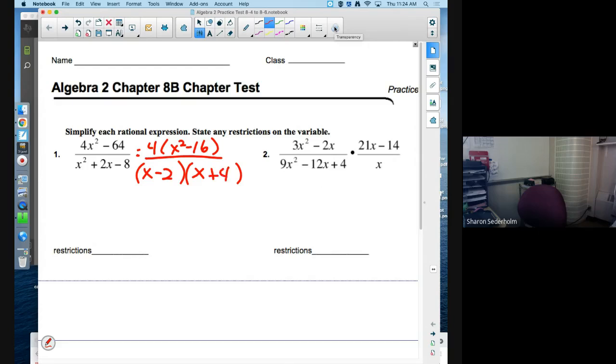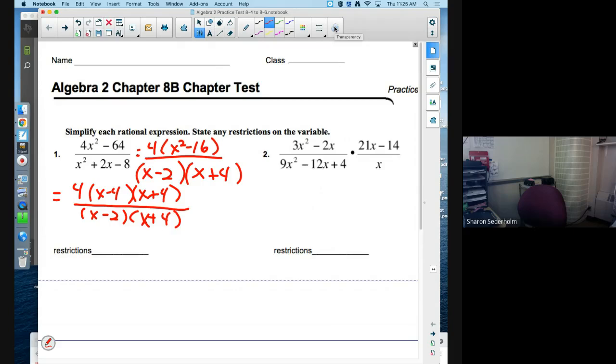So now, hopefully, when you take a look at that x squared minus 16 on the top, you say, hey, wait a minute, I think I know that pattern. What does x squared minus 16 factor into? Now it's all factored.